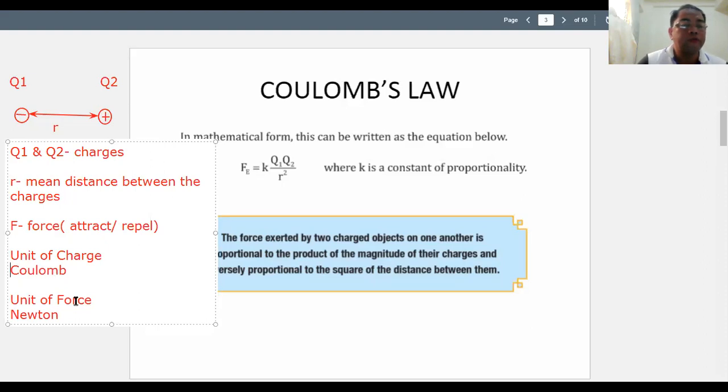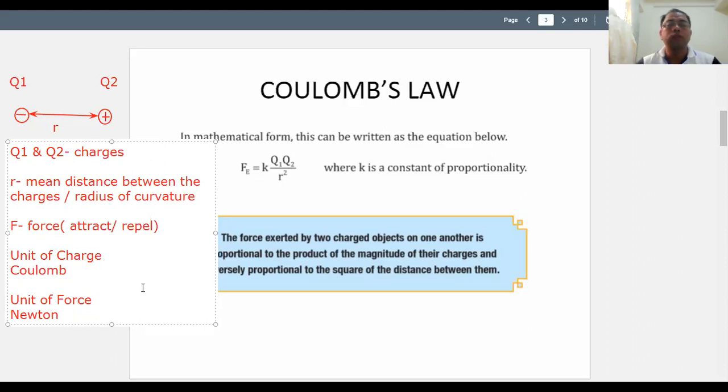Our unit of distance is still in meters, so the mean distance there is in meters. Again, we can either call this the mean distance between the charges or the radius of curvature.